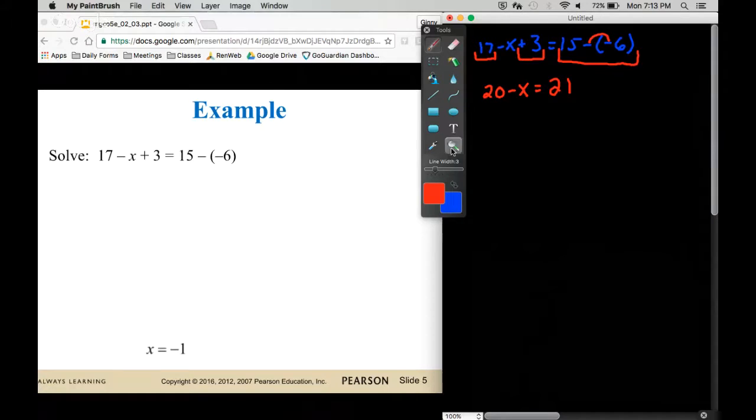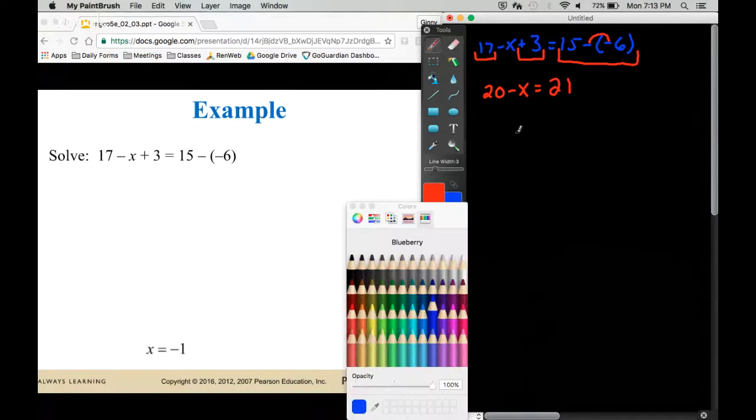All right, and then your next step is going back to trying to get the x by itself. To prevent having to do multiple steps, you can subtract the 20 from both sides, and that leaves you with a negative x equals a positive 1.